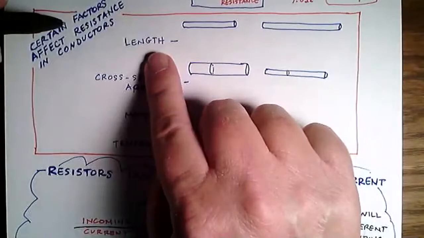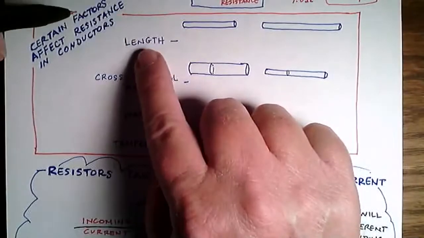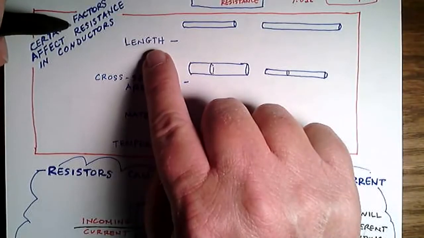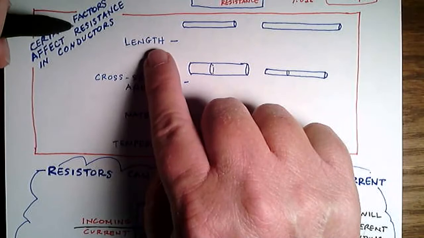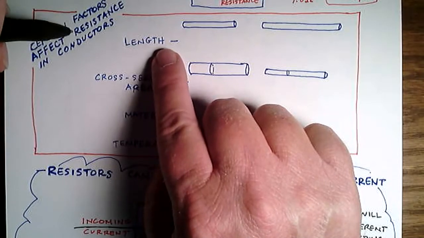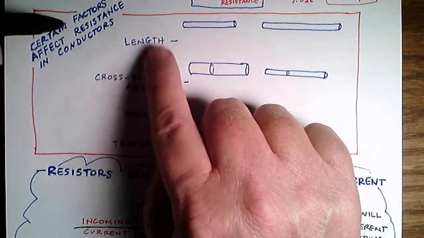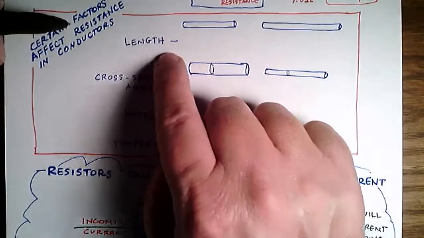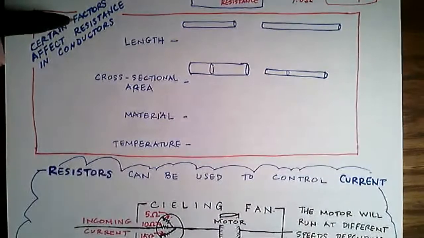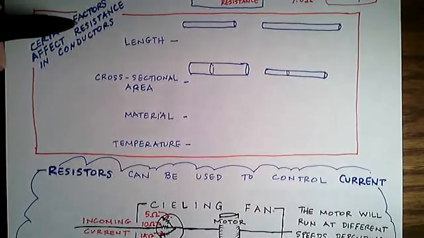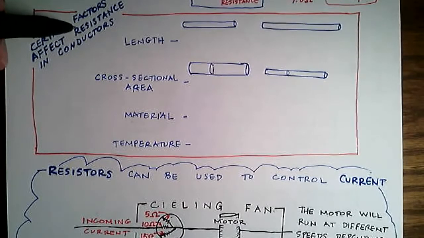The first factor is that if you have a very long conductor, so if I've got 100 meters of wire that I'm trying to push electricity through, it's going to give me a different resistance than if I only have 10 meters. So if I go from 10 meters to 100 meters, there's going to be more resistance in the 100 meters.